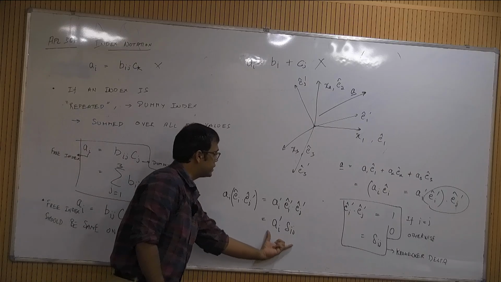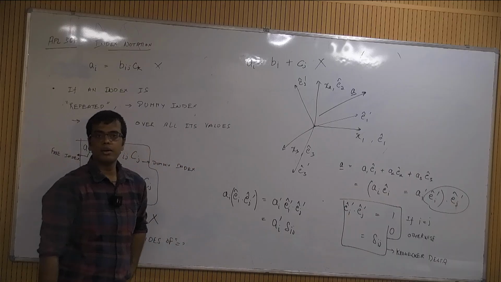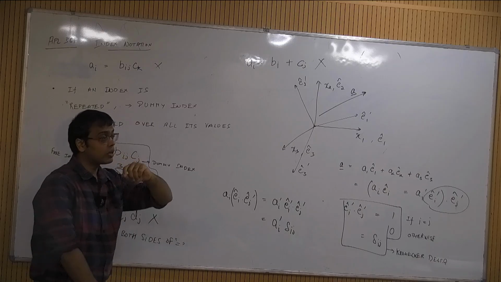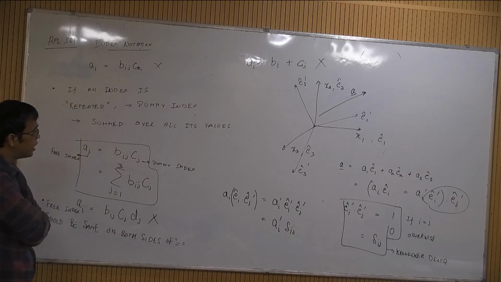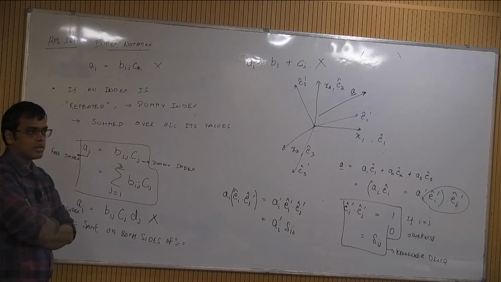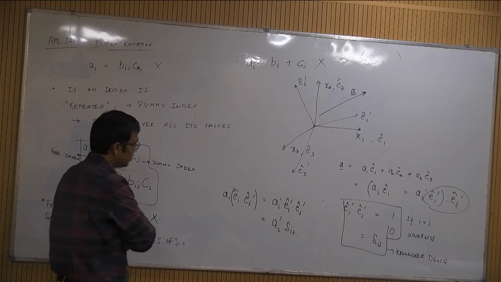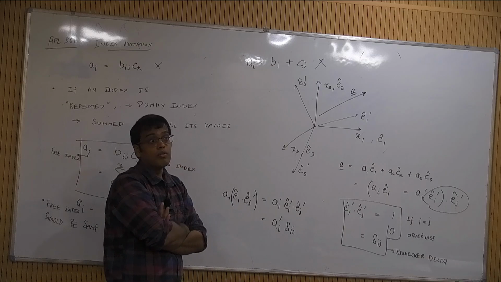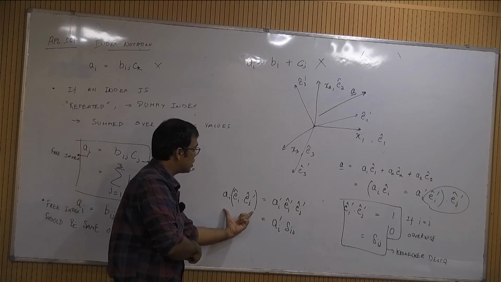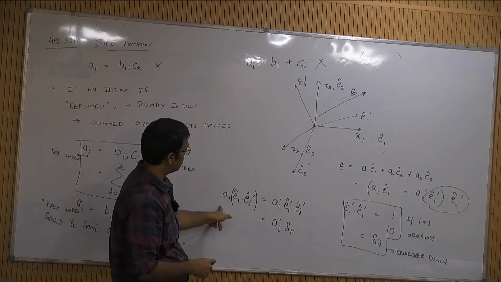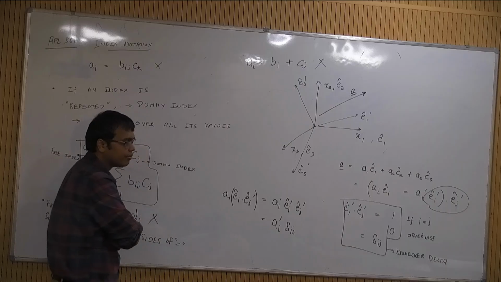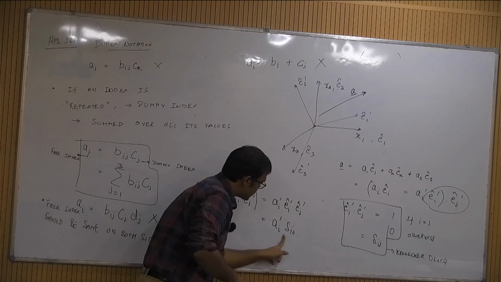Now, on the right hand side, what is the free index and dummy index? i is dummy, i is being repeated, j is free. If j is free on the right hand side, on the left hand side also j is a free index. So, what does this expression simplify to?